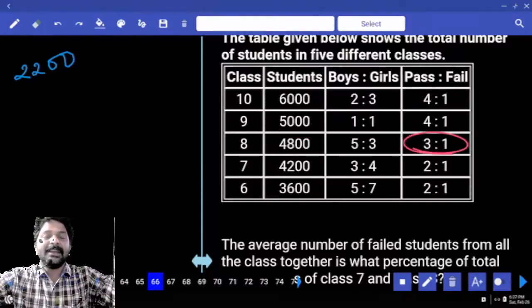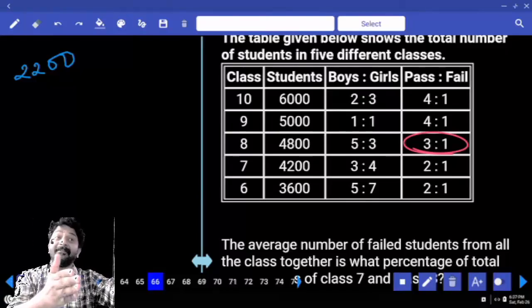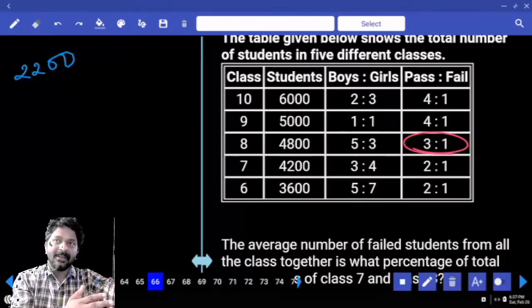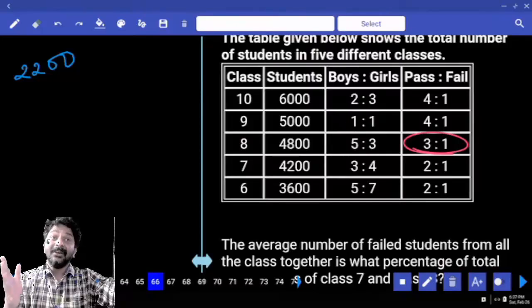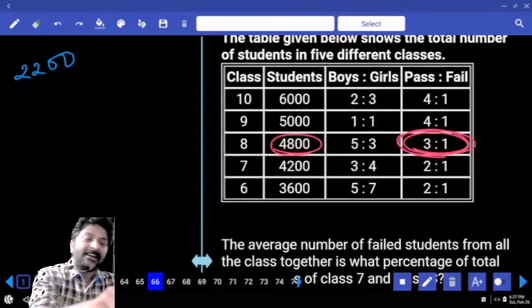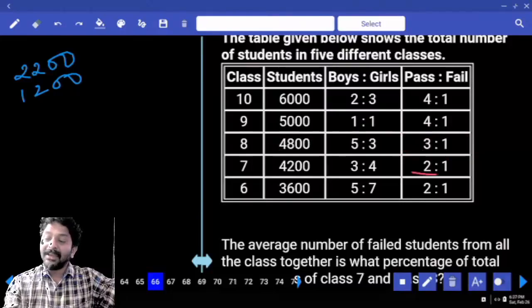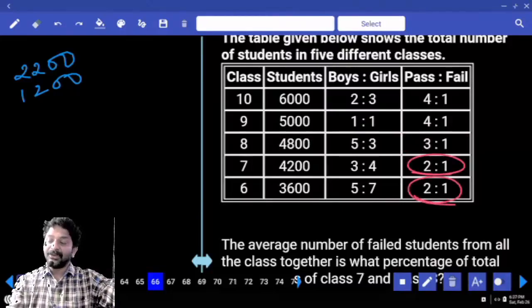3:1. Can you tell me in terms of percentage? 75-25. Otherwise failures are 1/4 of the total only. 1/4 of 4,800. Come on, 1,200. Now here also 2:1 ratio and here also 2:1 ratio.